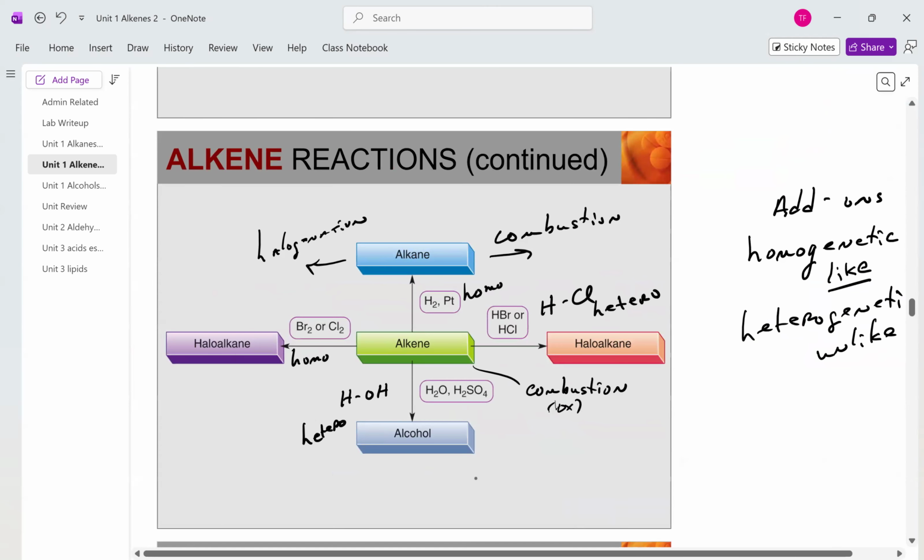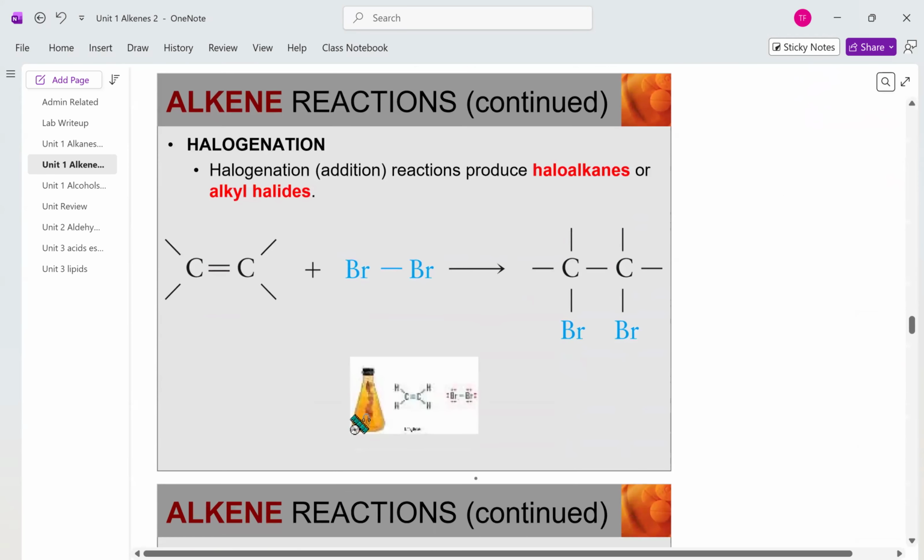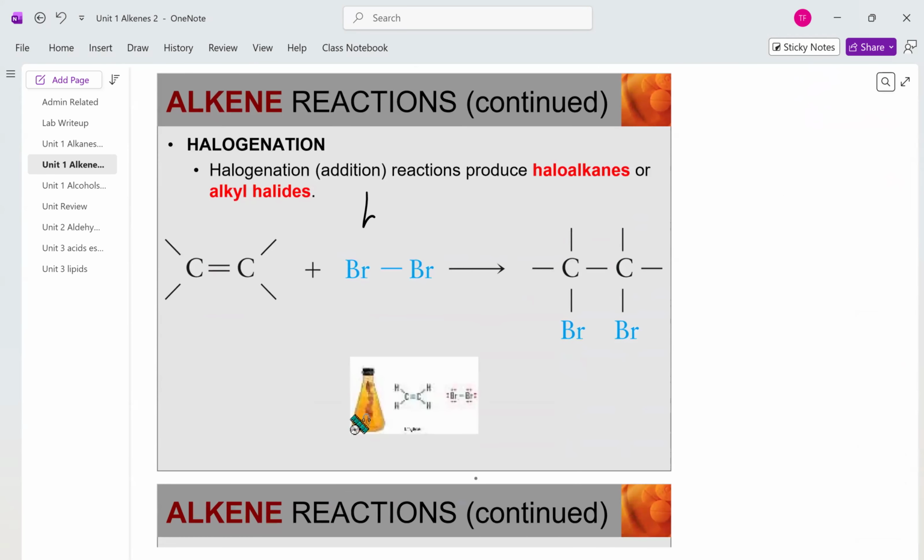Okay, so when we're adding across a double bond, we have to consider the add-ins as either homo or hetero, because you're going to get a different product each time if they're homo versus hetero. Okay, so this would be homogenetic.